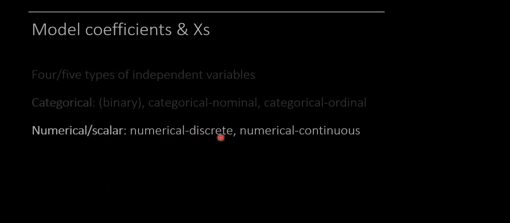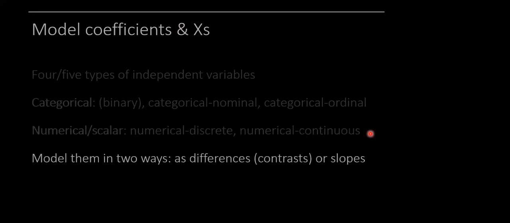We've got discrete variables, which would be counts, where the independent variable can only be a whole integer. Maybe the count of the number of doctors per facility: it can only be 0, 1, 2, 3, and so on. It can't be 1.2. Or we've got numerical continuous, where the independent variable can be continuous, maybe some kind of biomedical measure.